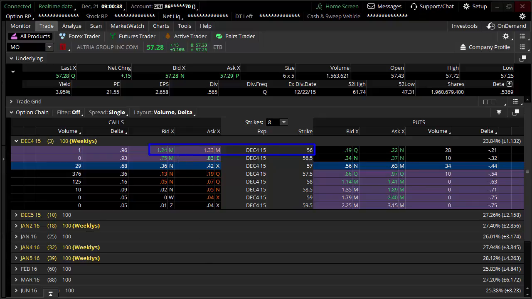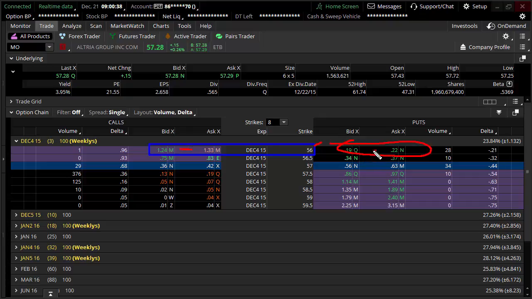Here's one of the easiest ways to figure out if you're going to be assigned on the 56 call, the one that you have sold to open. Take the call that you are short. Look at the opposing put, because that's looking at put-call parity.